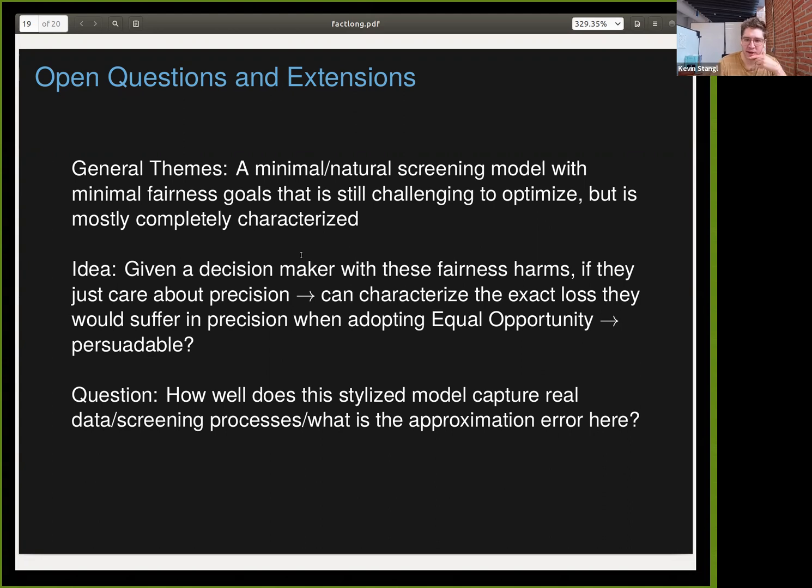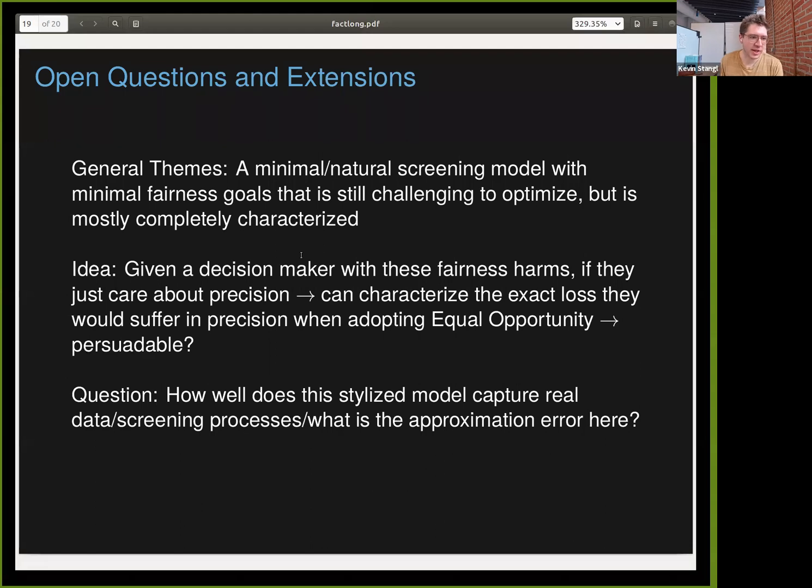The idea of how one could use this result is that if you're out in the wild, given a decision maker with this type of fairness concern and this type of pipeline, and you just care about precision, we could characterize the exact cost in precision of adopting the pipeline. Maybe that's a good way to persuade them to adopt a fairness-aware policy, because you can say, our precision is this, here's the best precision you can get, it's not that large. Let's do this now, and then we can redesign the pipeline going forward.